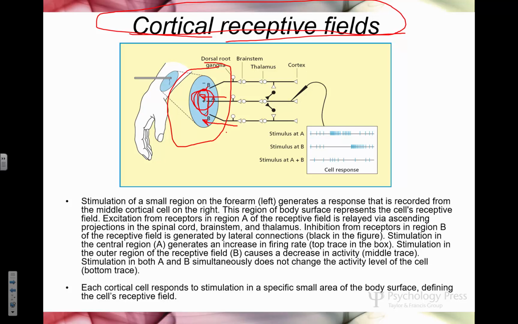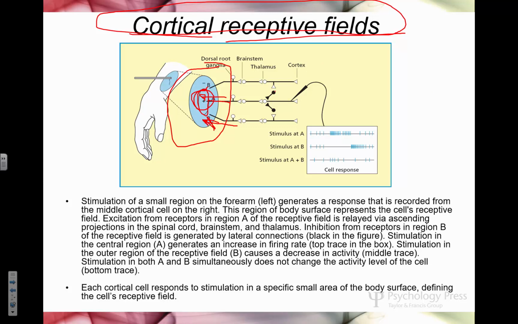And so this gives us a nice idea about the location of that stimulus, because we've got an excitatory part and an inhibitory part. That's of course going to overlap with other cells. And so we can know, yes, it's here, or it's not here. So that's important: knowing where you are, but also knowing where you're not. And so we have that nice organization. This will make a lot more sense later when we do this lab and when we think about the visual system, where receptive fields play a bigger role.